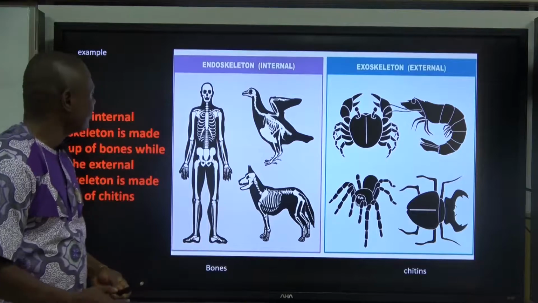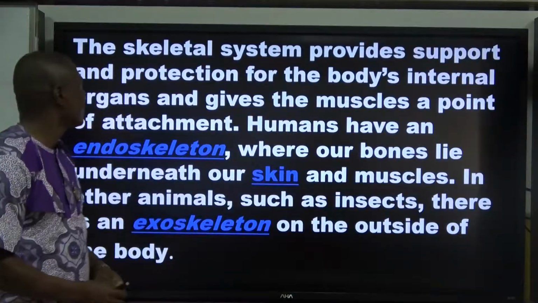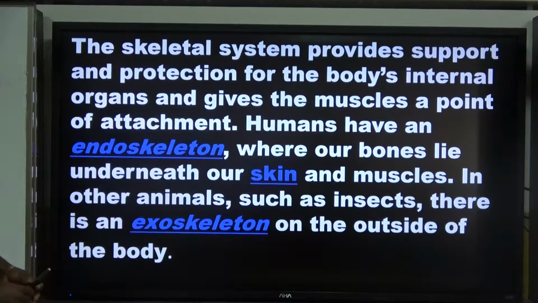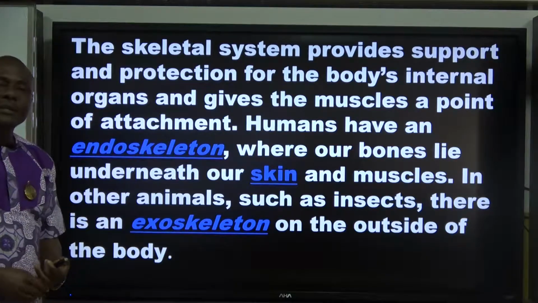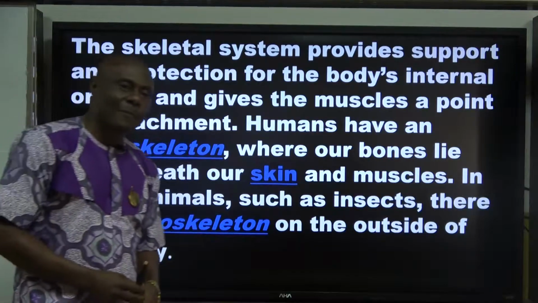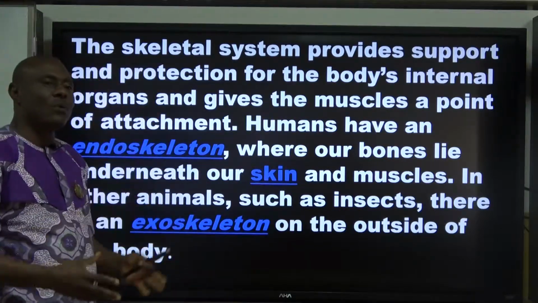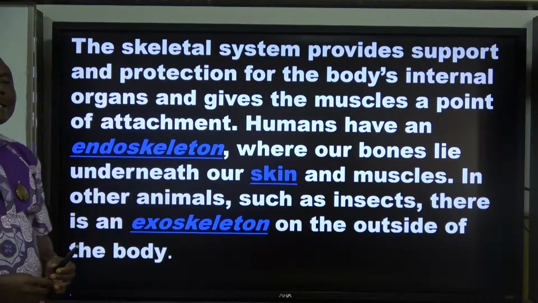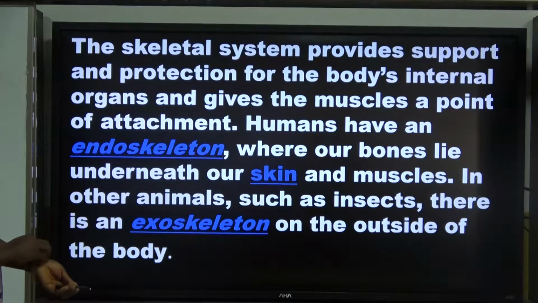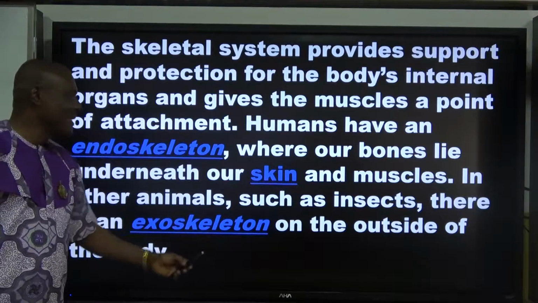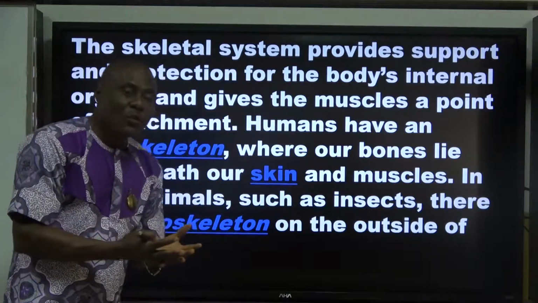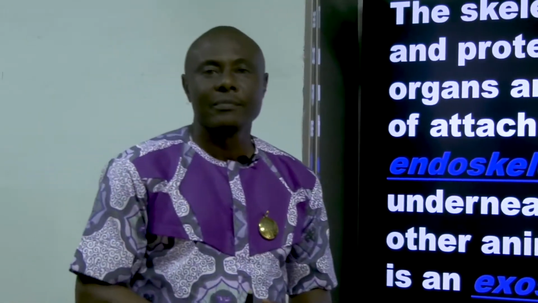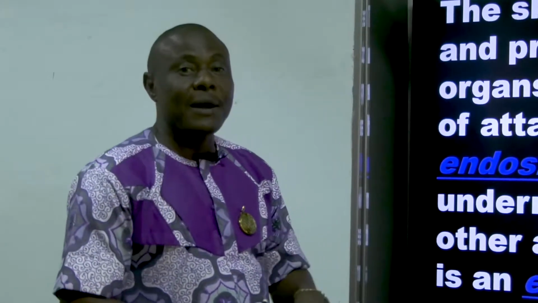Now, when we look at the skeleton, we say the skeleton provides protection for the internal tissues of the body. It also provides muscle attachments, as well as bringing the bones together. That is in the endoskeleton. Whereas the exoskeleton is found on the outside to provide total protection for the organism.